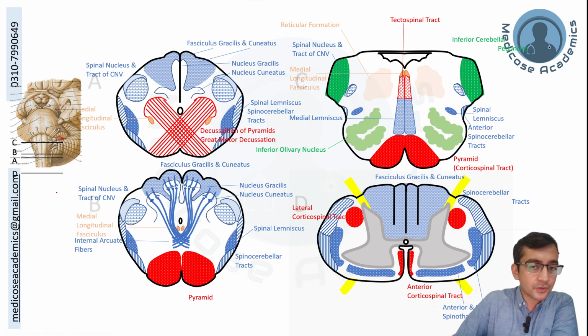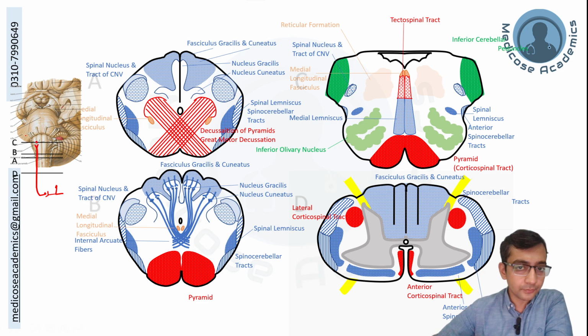There is a spino-olivary tract that starts from the spinal cord. After relaying in the spinal cord, crosses up, comes here, and it synapses here with the inferior olivary nucleus. And from there, it goes through inferior cerebellar peduncle, crosses the midline, and goes to the cerebellum.